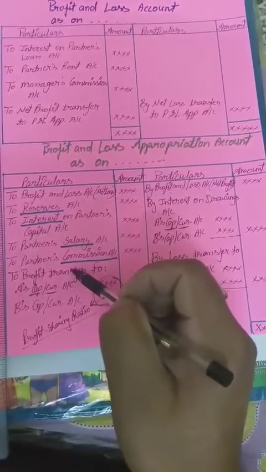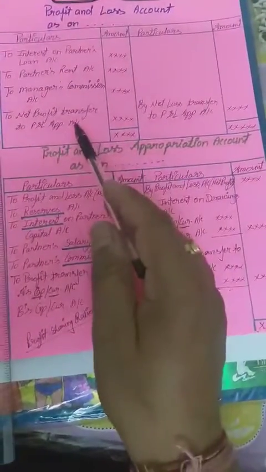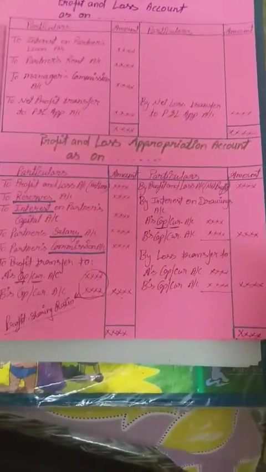Are you getting my point? So this profit must be after this and before this. This type of confusing point you will see in questions.